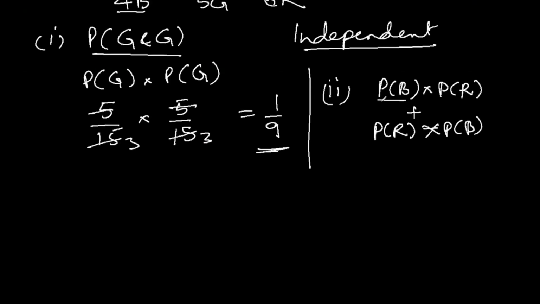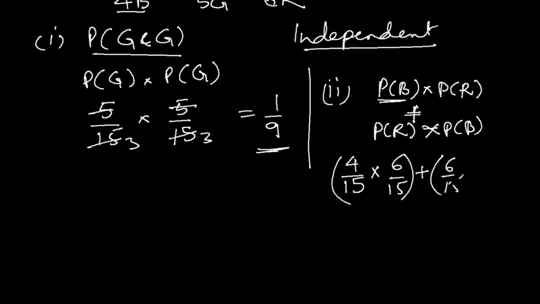So what is the probability of blue? The blue are 4. 4 out of 15. And the reds are 6. 6 out of 15. And because of the or, this will happen, they are mutually exclusive. We will add these two cases. It will be 6 out of 15 multiplied by 4 out of 15. Exactly, they are exactly same.